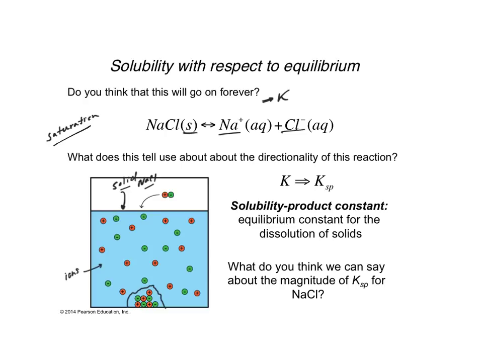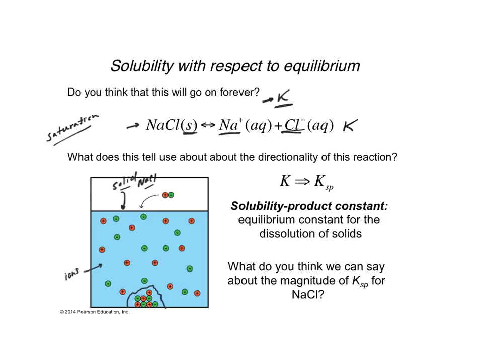All right, so the chemical reaction that we're going to be looking at when we're dealing with this equilibrium with respect to solubility is going to be given like so, right? Where we have a solid dissolving into its component ions. So this would be the chemical reaction that we'd be dealing with for the dissolution of NaCl into solution, okay?